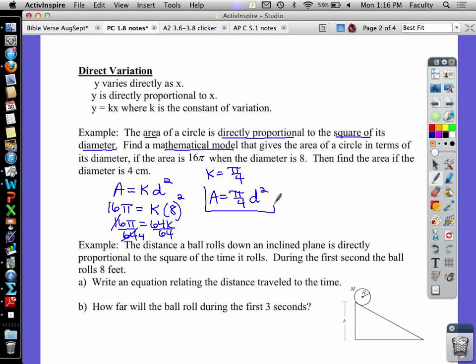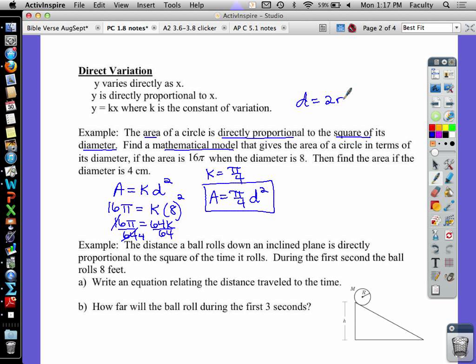So here's the equation, and when I think of area of a circle, I'm thinking of a different formula. Do you know what formula I might be thinking of? Area equals pi r squared, right? Can you see how these are equivalent though? What do you know about the relationship between diameter and radius?